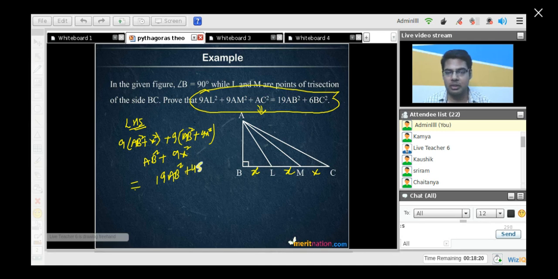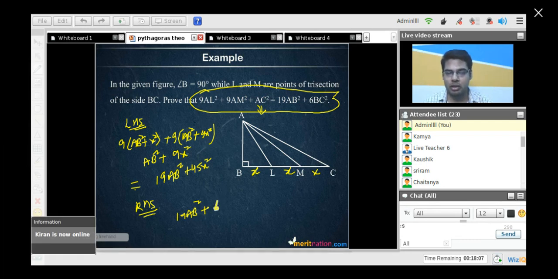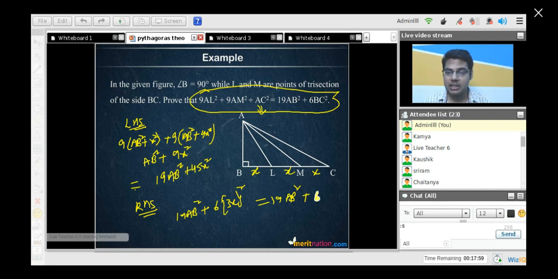Let me write down here 45 X square. Try to consider what is on the right hand side. On right hand side, what is there? 19 AB square plus 6 into BC square. What is BC? 3X whole square. It is nothing but 19 AB square plus 6 into 9X square. So is it 45 or 54?